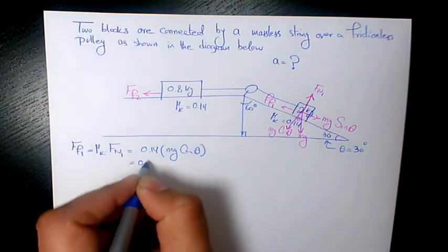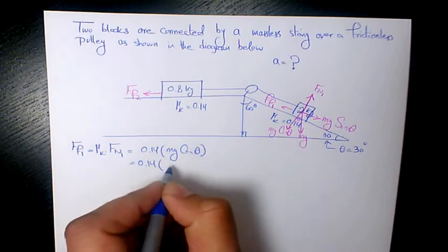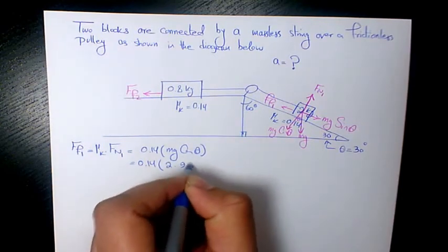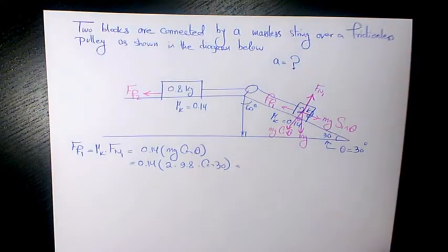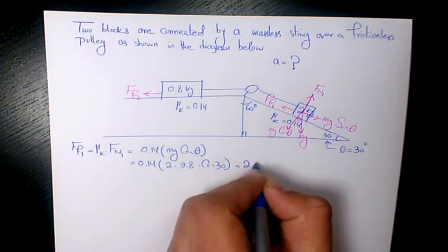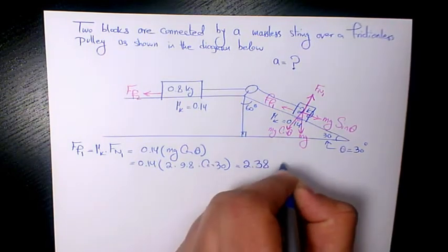That will be 0.14 times 2 times 9.8 times cosine 30. That will be 2.38 Newton.